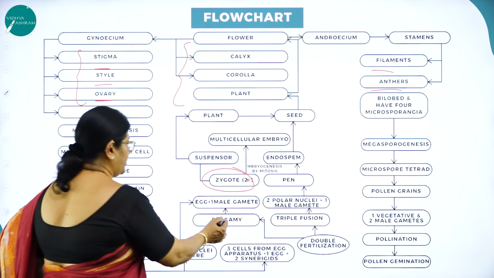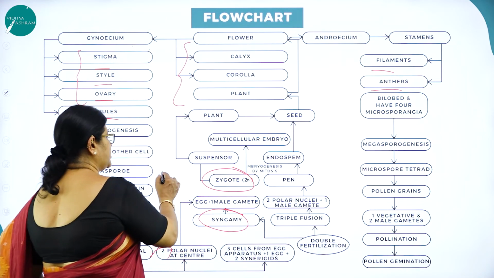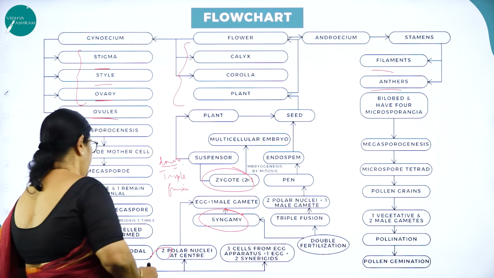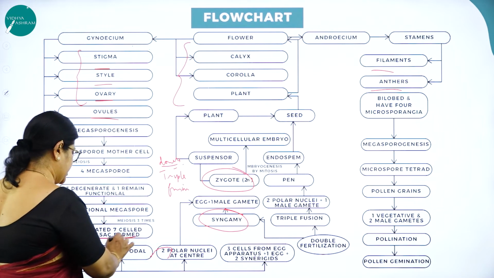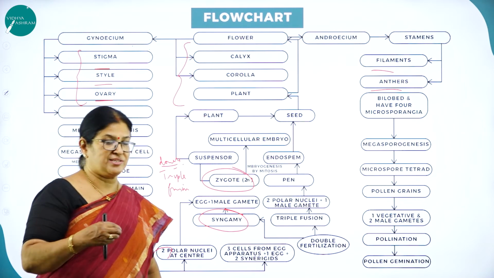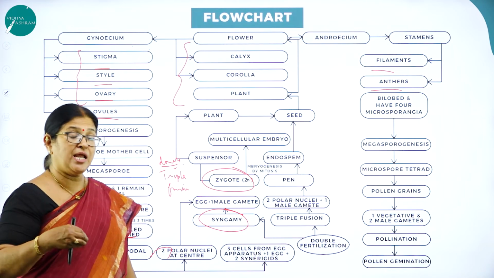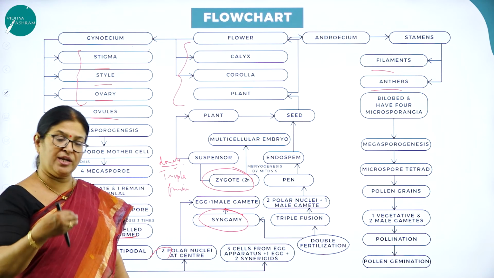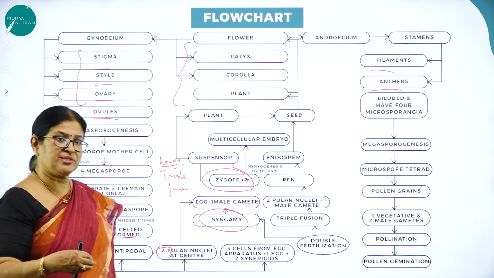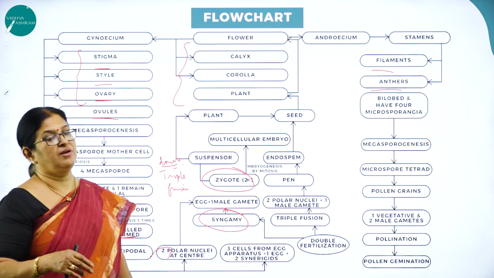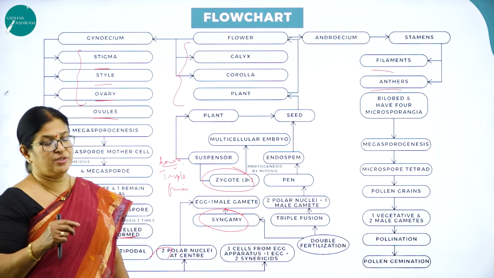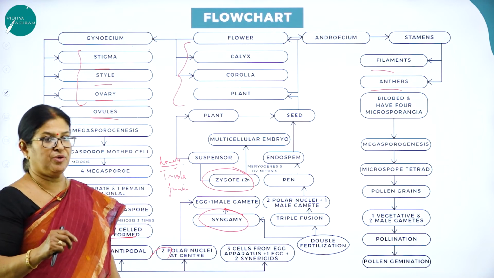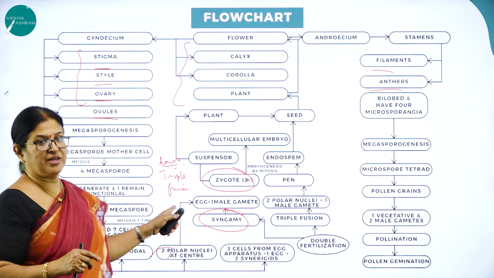All this leads to what we call double fertilization and triple fusion. The 3 antipodal cells will disintegrate, whereas the 2 synergids will allow the 2 male gametes carried by the pollen tube to enter the embryo sac. One male gamete fuses with the egg cell to form a zygote. The synergids later also dissolve, and the 2 polar nuclei, which are 2n in number, fuse with the other male gamete to produce the primary endosperm nucleus, which is 3n. Hence it is called double fertilization and triple fusion.